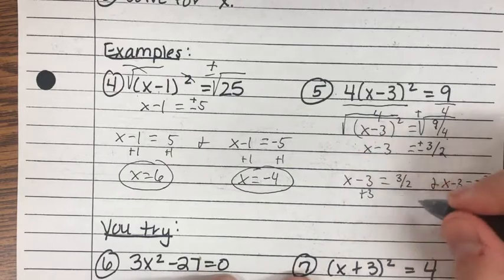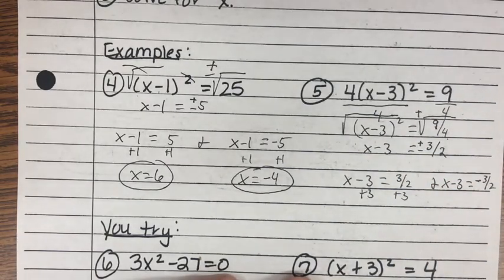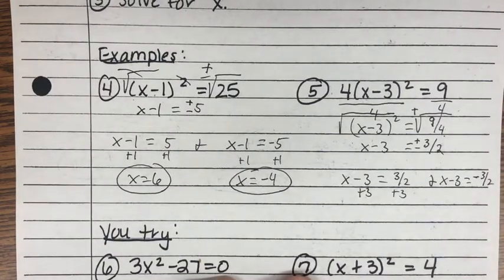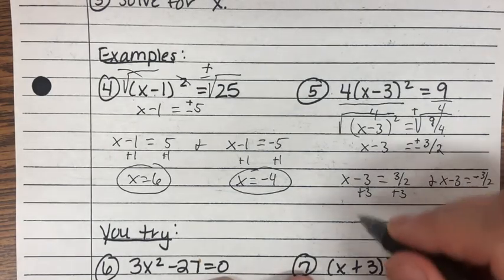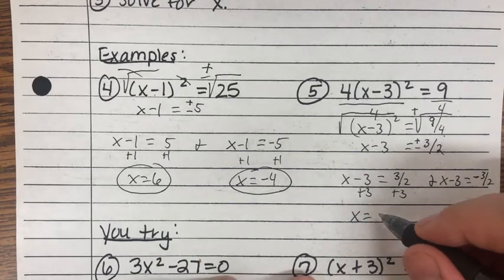And then we'd solve both equations separately. So add 3, add 3. Use your calculator for that process, all right? 3 over 2 is 1.5, so when I add that up, you could call it 4.5, or you could call it 9 over 2. I really don't care. I'm going to call it 4.5. Use your calculator when you type that in.